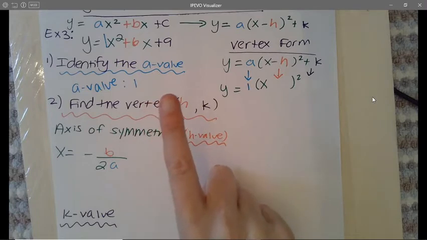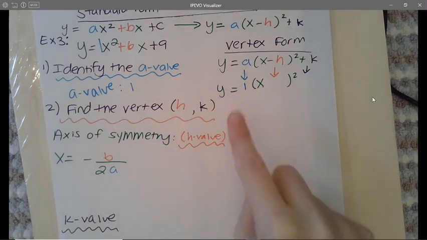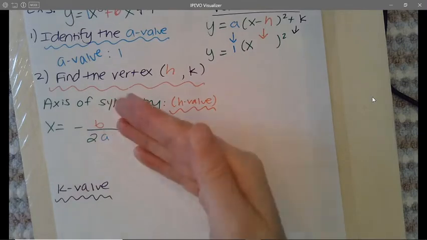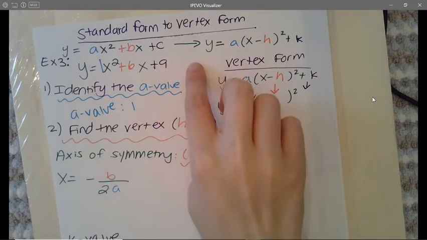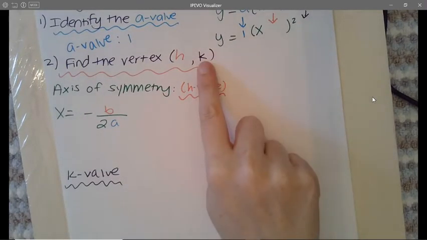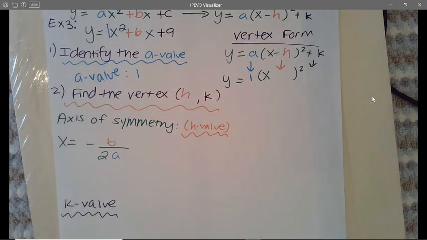Don't forget though, we have to switch the signs from our vertex point to our vertex form, so you have to think the opposite with h. And then for your k value, after we know what x is, we're going to substitute x into our original equation to find the y value of your vertex point, which is technically the k value. All right, let's find the axis of symmetry.